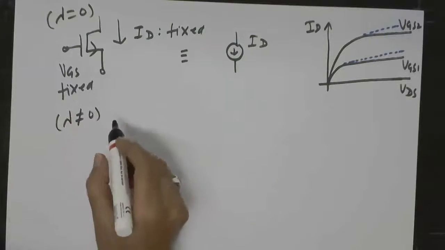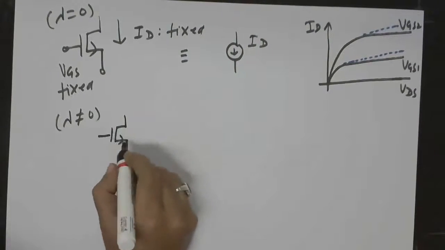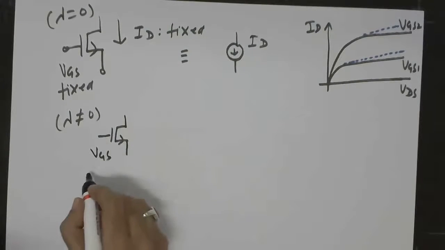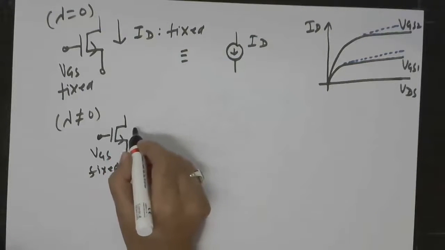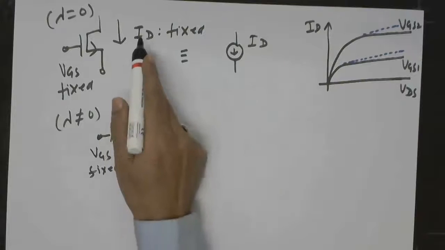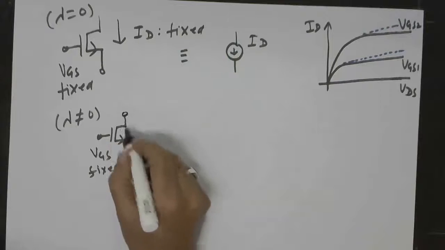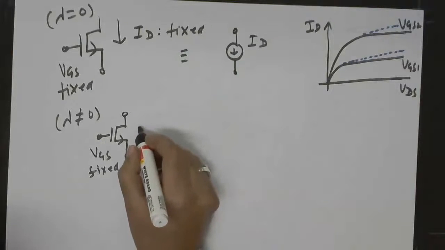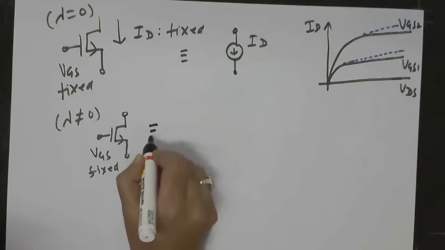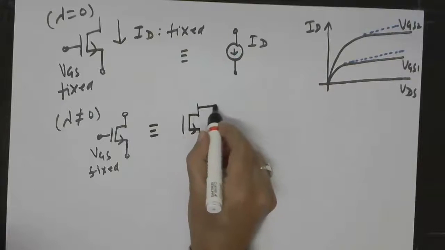Then this MOS, even when we have fixed VGS, for the fixed VGS, it is not going to give rise to a fixed current, but it will have a current which will vary with VDS also. That means drain to source voltage, the voltage across the current source, which should not happen in ideal current source. So this MOS can be represented like this.